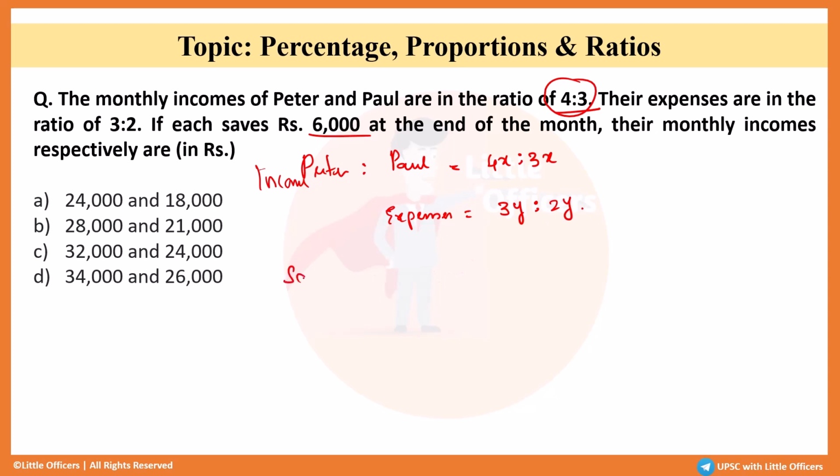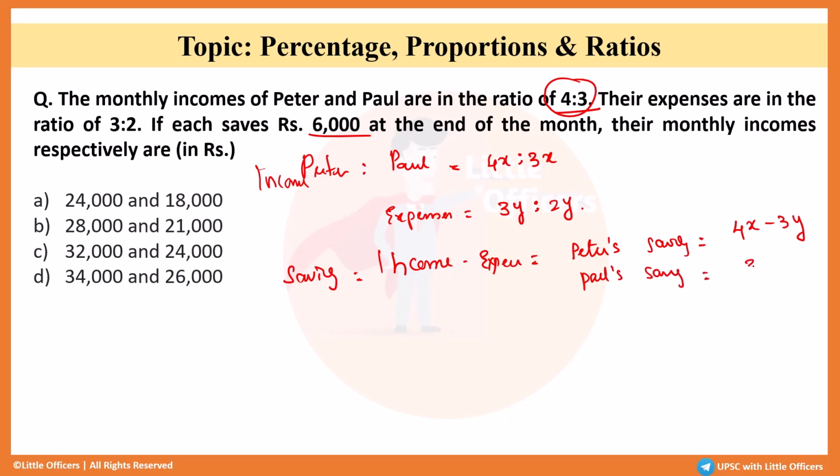अब savings की बात करते हैं तो savings is what? Income minus expenses. So in case of Peter, savings is equal to 4x, the income, minus 3y, the expenses. Similarly, Paul's savings is equal to 3x, the income, minus 2y, the expenses.